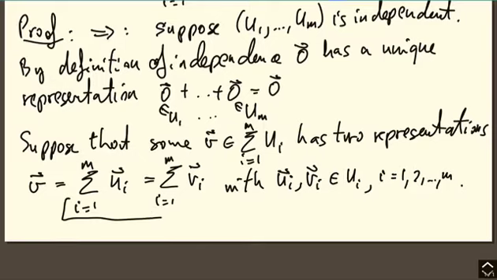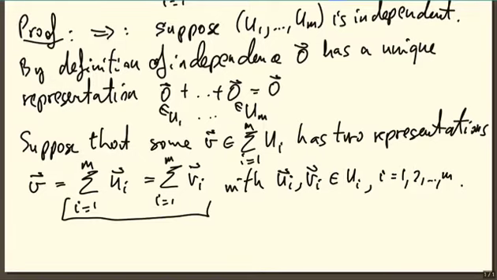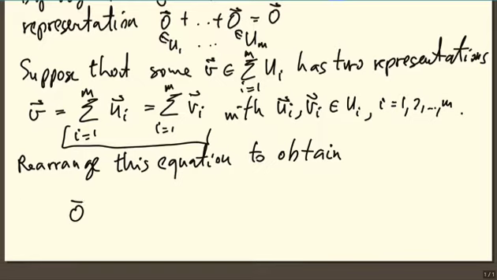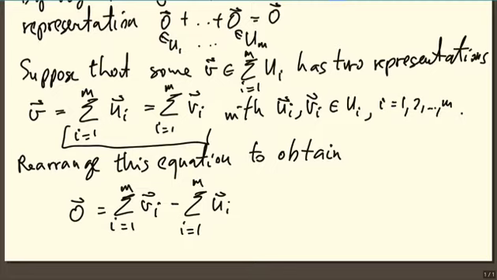So we look at this as an equation, and we rearrange it to one side, say the right-hand side, so we get 0 equals the sum of vi's, i going from 1 to m, minus the sum of ui's. Again, we could write minus as plus the additive inverse of ui's. That would be the original way to write it, but then we understand that subtracting means adding the negative.